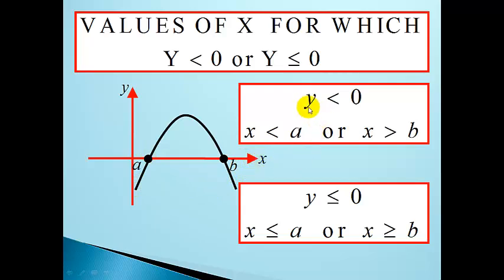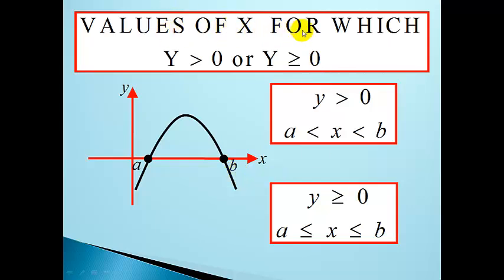Take note, because it's y less than 0, it means a and b are not included. But for y less than or equal to 0, we include a and b. So we have x less than or equal to a, that is to the left, or x greater than or equal to b, that is to the right.